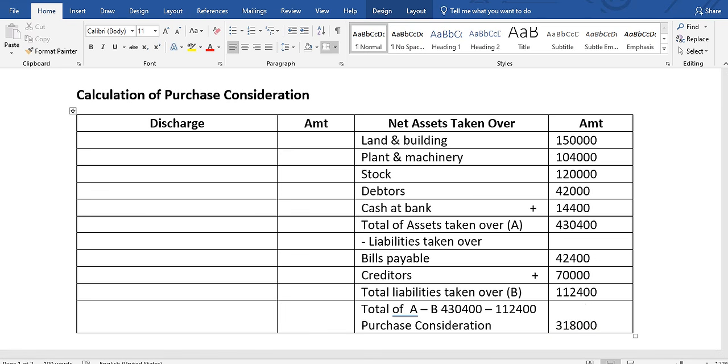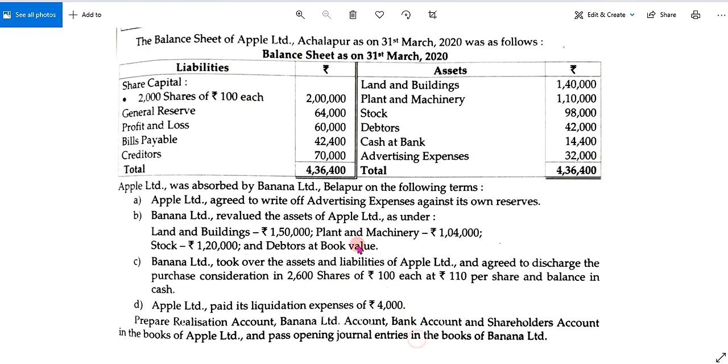Now this PC is discharged in the form of equity shares and balance in cash. So read point number C, that is, Banana Limited took over the assets and liabilities of Apple Limited and agreed to discharge the purchase consideration in 2,600 shares of rupees 100 each at 110 per share and balance in cash.